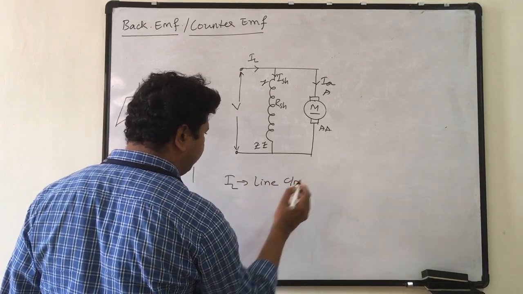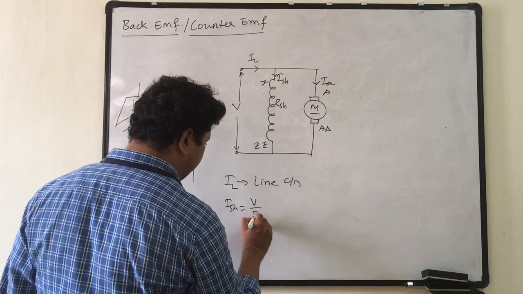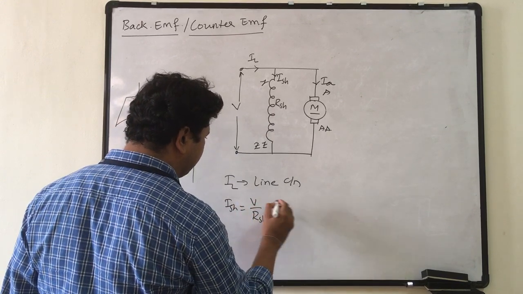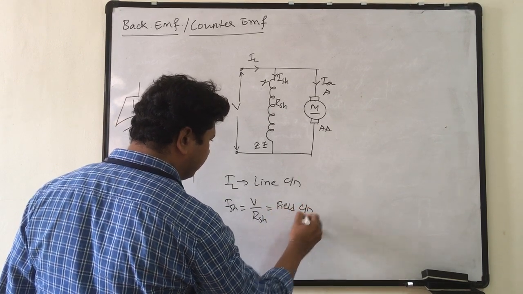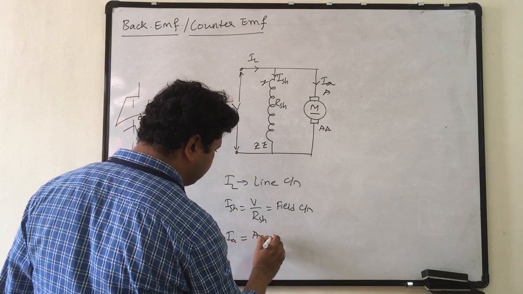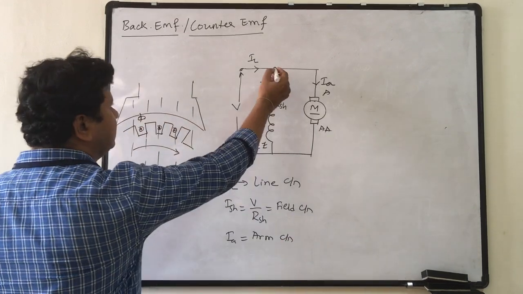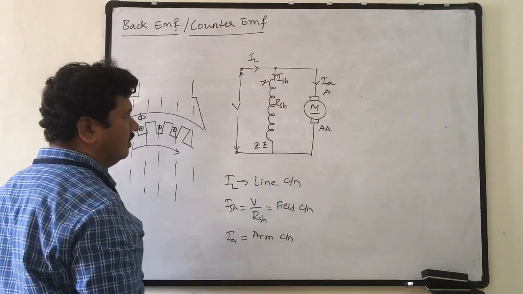Line current. ISH equal to V by RSH is field current. IA is armature current. Now here I can apply KCL. IL is entering, ISH and IA are leaving.